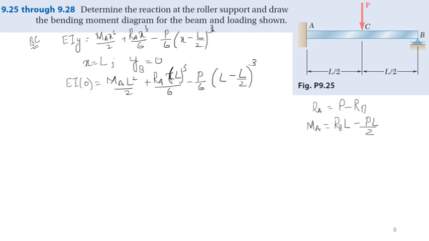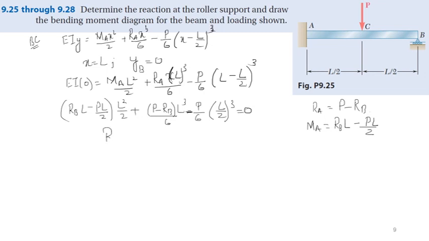Now, if we replace MA with RB L minus PL by 2, that is MA L square by 2, plus RA replaced with P minus RB times L cube by 6, minus P by 6 times L by 2 cube, and this will equal 0.